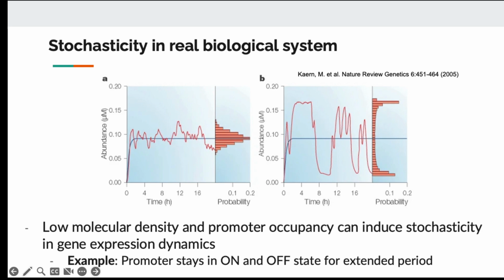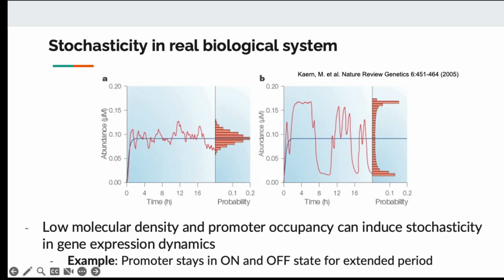The blue line here is a theoretical behavior that we can predict from the differential equation. But the orange line is going to be the actual behavior of the cell. Not all promoters are going to be bound, and depending on how long the protein binds to the promoter, it can stay in the on or off state for different time periods. So you can have some periods with high expression, some periods with low expression, some periods with high expression.